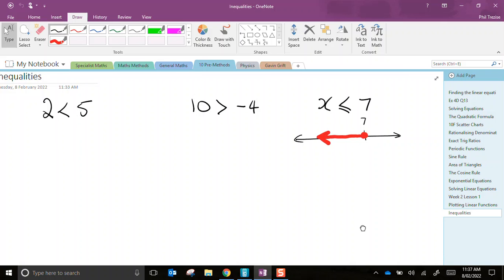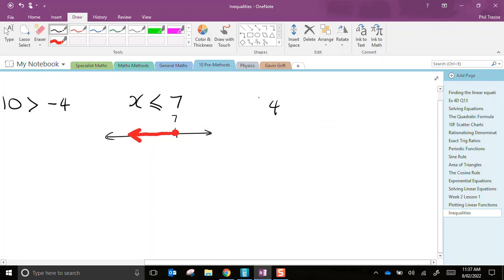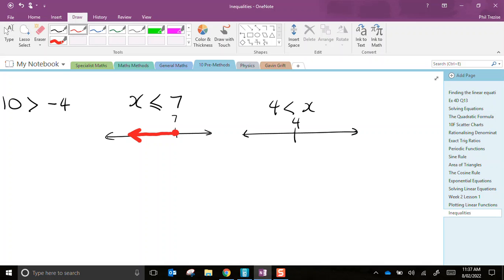If it were a situation where we had something like, let's go the other way around, 4 is less than x. Now, no equals this time, so I'll put 4 on my number line. The number line extends infinitely in both directions. Once again, the red pen.